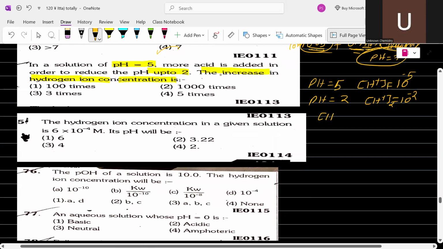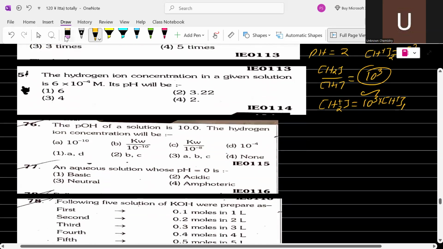The ratio we will take is H2 upon H1. So here it will come 10 to the power 3, that is 10 to the power 3 times. The final concentration has increased by 1000 times compared to the initial concentration. Right? So this is a simple question, 1000 times.